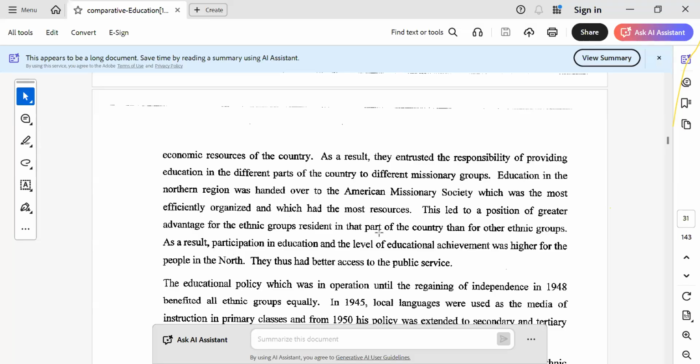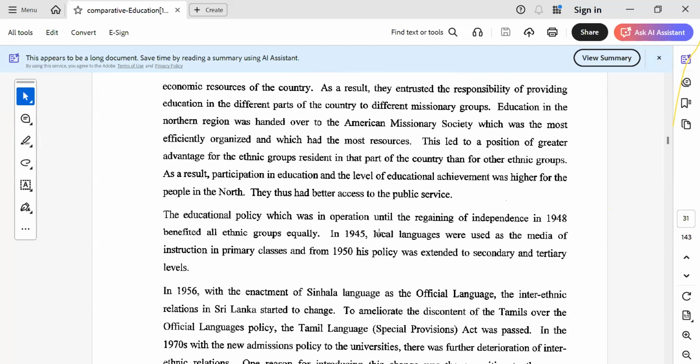So the educational policy, which was in operation until regaining of independence in 1948, benefited all ethnic groups equally. In 1945, local languages were used as the media of instruction in primary classes. And from 1950, this policy was extended to secondary and tertiary level.